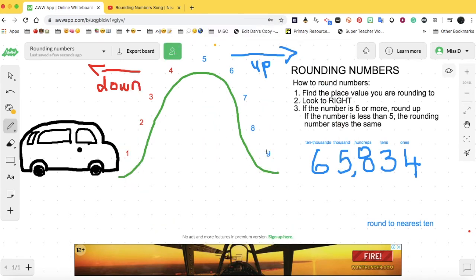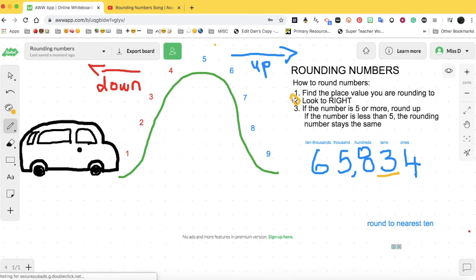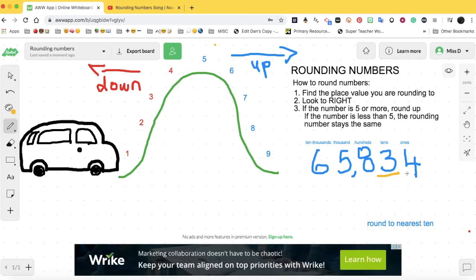So, if you round to the nearest 10, the first thing we have to do is find the place value that we're rounding to. Nearest 10, we underline it. Then we look to the right, that's our step over here. This number here tells us if we're going to round up or down.